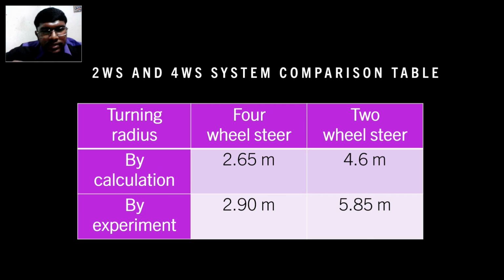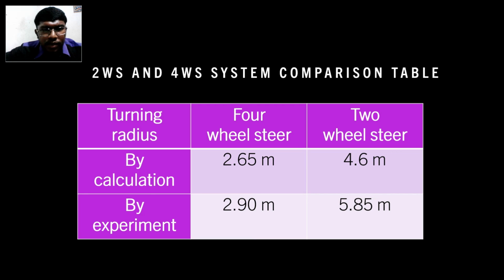Okay, now this is my preliminary results for the 2WS and 4WS, which means two-wheel and four-wheel steering system, comparison table. You can see here the turning radius for the four-wheel steering system by calculation is about 2.65 meters, and two-wheel steering is 4.6 meters.